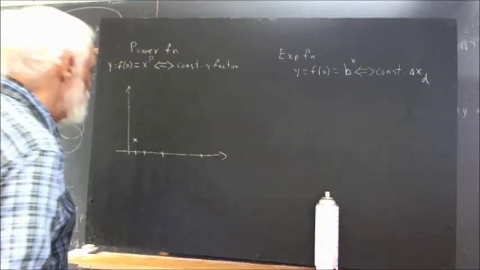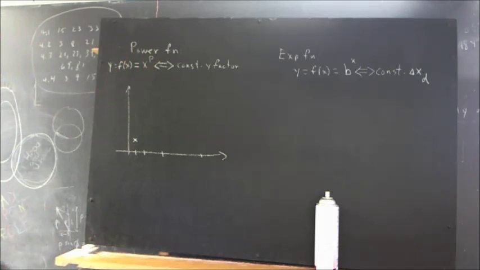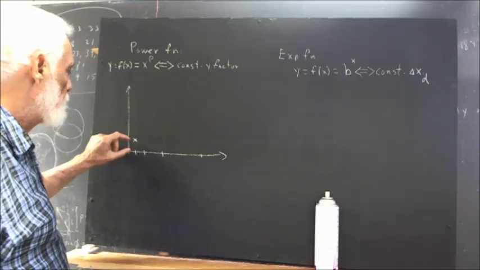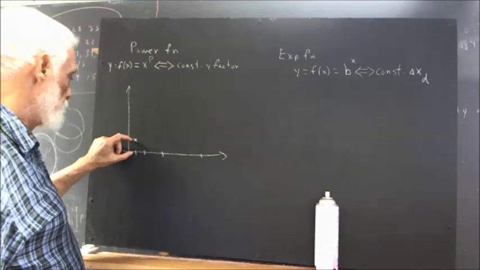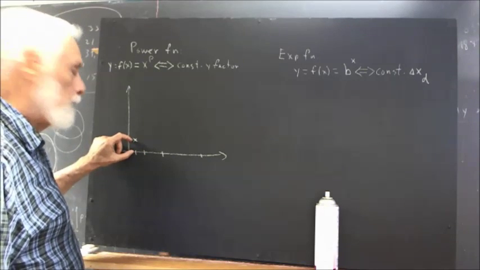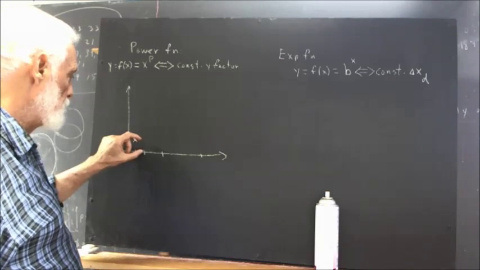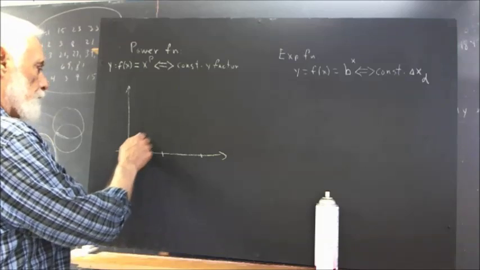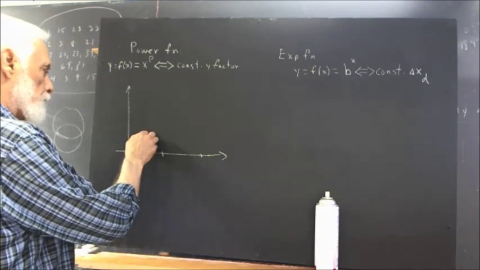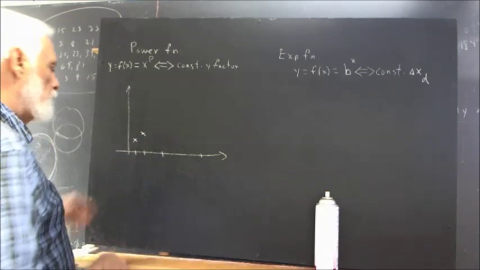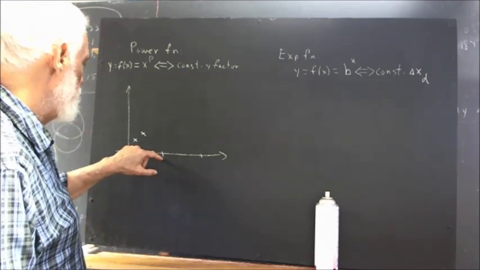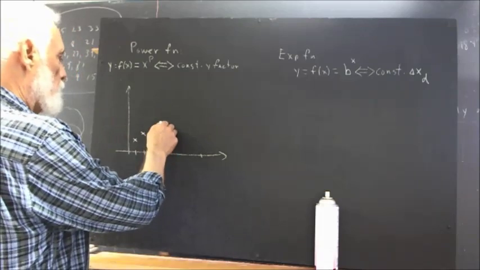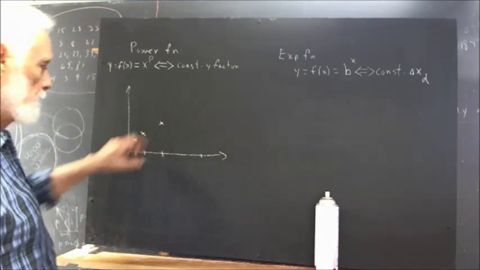Let's say that my y factor is 3/2, then every time x doubles, y has to change by factor 3/2. So I've got to have a point that's 3/2 as high as this one associated with this x value. That might put my y value here. Then when I get out to here, y has to be 3/2 times as great.